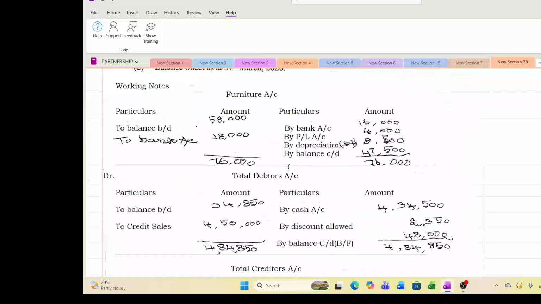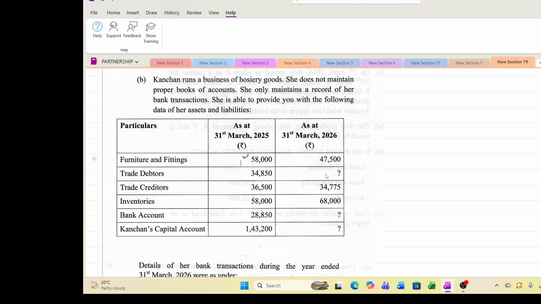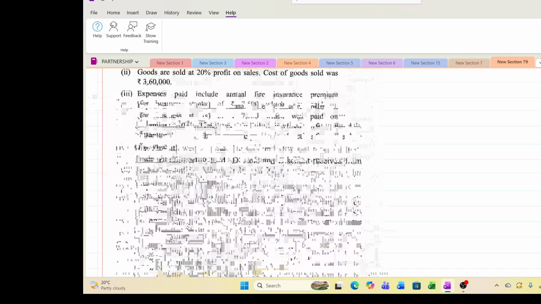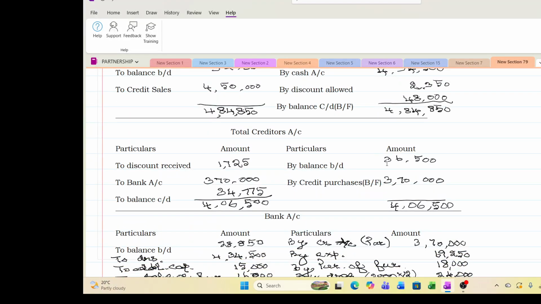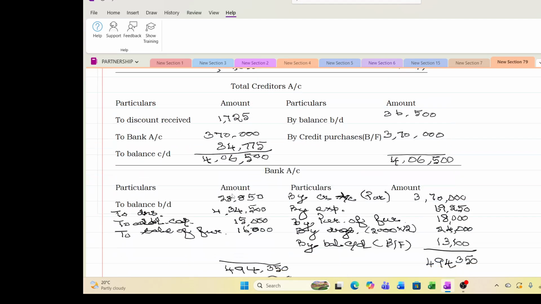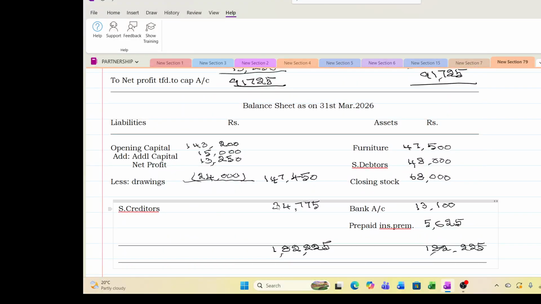Then when it comes to the debtor account, the opening balance is given, closing is not given, so we cannot write it in the current balance sheet. Only in the debtor account will we be writing. But in the creditor account, they have given the opening as well as closing. So write both in your creditor account, balance brought down on the credit side and carried down on the debit side, and write it in your current balance sheet as well, 34,775.